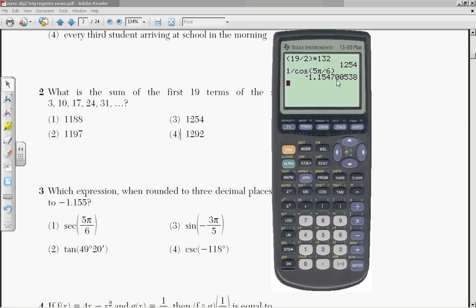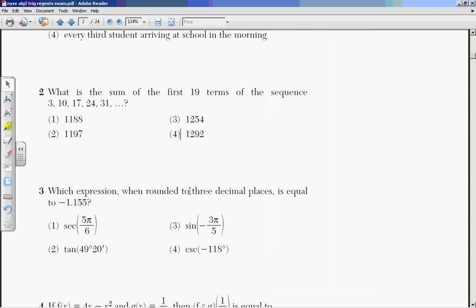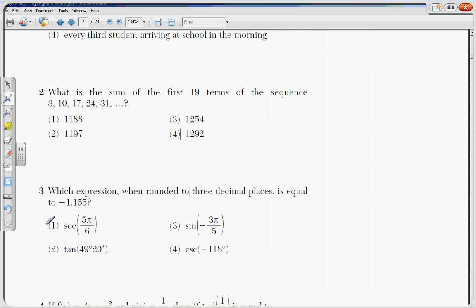If you round this to 3 decimal places, your answer is negative 1.155. So the answer to number 3 is option 1, because this is the same thing as that.